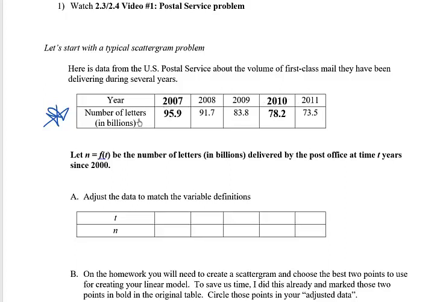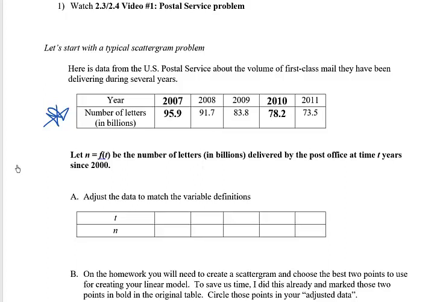And then here's how many billions of letters the post office delivered during those years. Just a glance at the table tells you, gee, over this period of time, the number of letters definitely went down. And we know, obviously, that's because of things like email or electronic bill paying or things like that. Well, we're going to analyze this using a linear model.